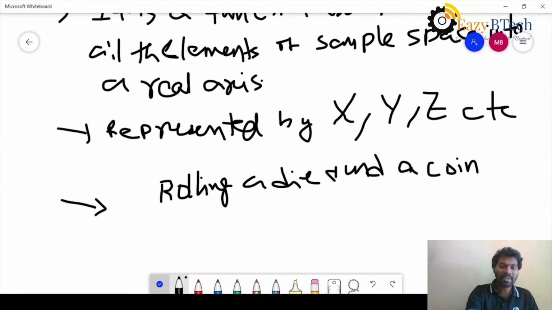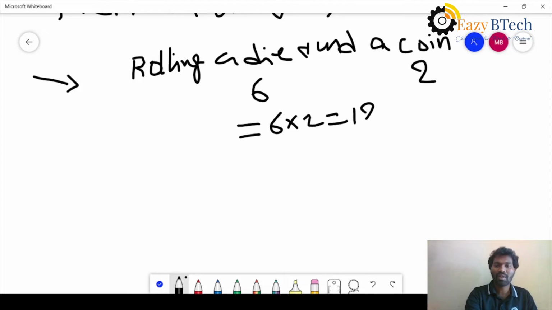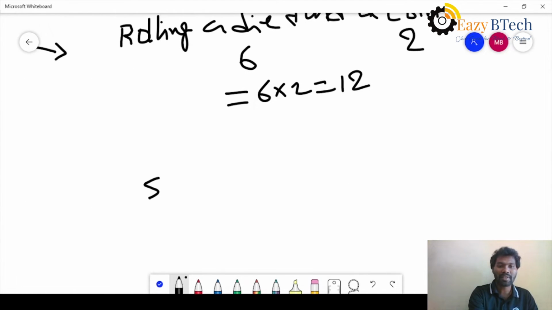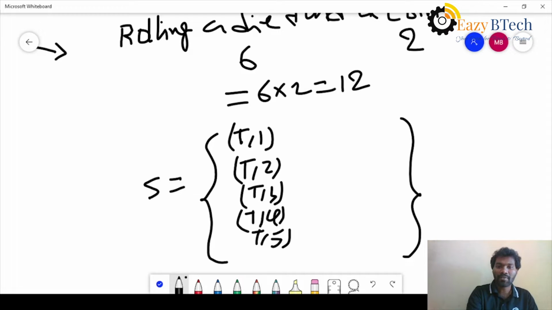So what is the sample space here? Since the die has 6 faces and the coin has 2 outcomes, totally I'll get 6 into 2, 12 outcomes in my experiment. So the sample space is S equal to T1, T2, T3, T4, T5, T6.